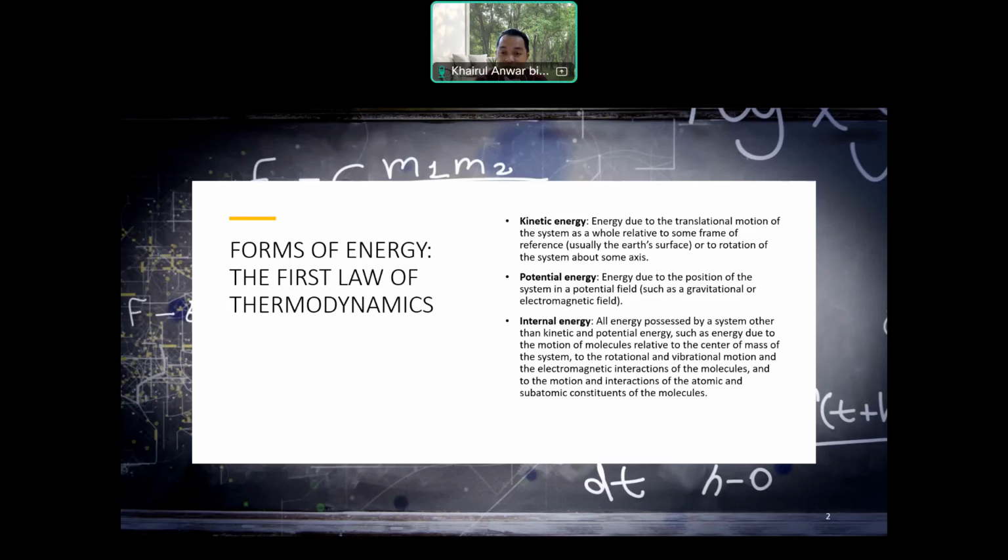This energy is due to the motion of molecules, usually in a closed system, relative to the center of mass of the system, with the rotational and vibrational motion, the electromagnetic interactions of the molecules, and the motion and interaction of the atomic and subatomic particles. It's understood like that.